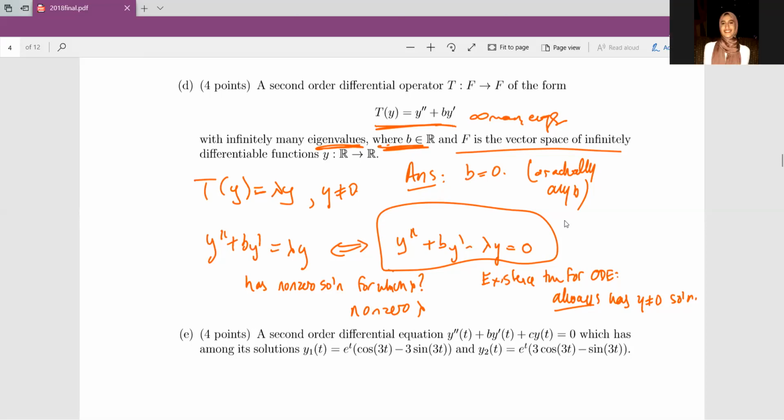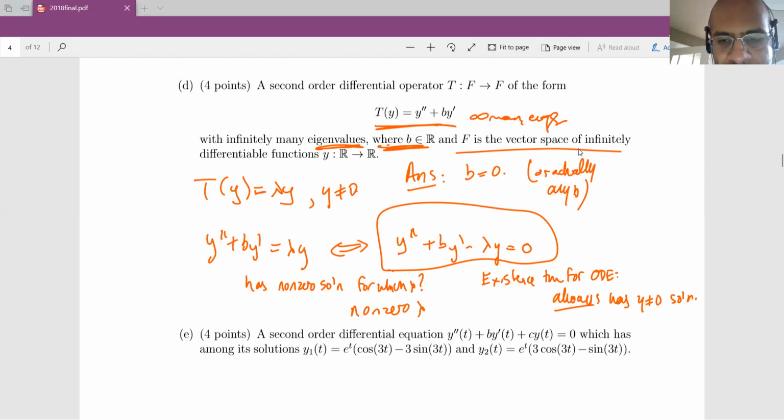If y was exponential, wouldn't the only way that would be true be if b and lambda are 0? Well, I think maybe the important thing here is we're asking for which lambda is there a solution y, right?